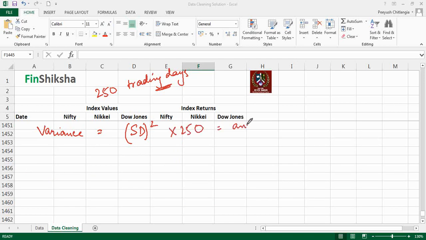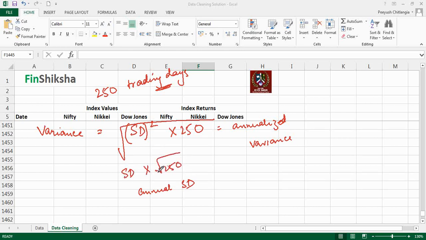That is the annualized variance. And then you can take the square root of this to get the annualized standard deviation, right? Taking the square root of this would mean standard deviation multiplied by square root of 250 itself, right?